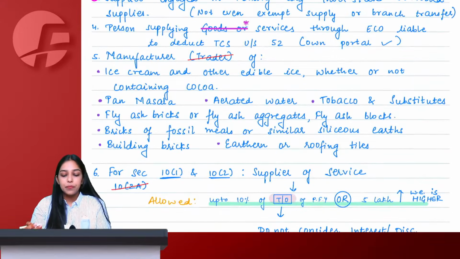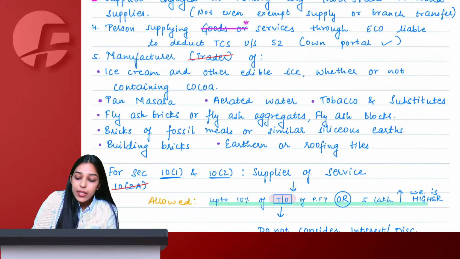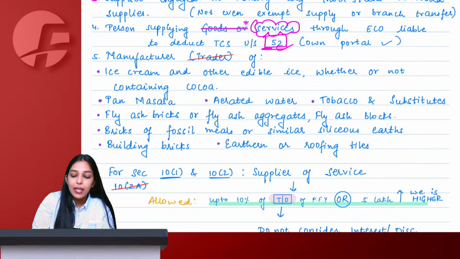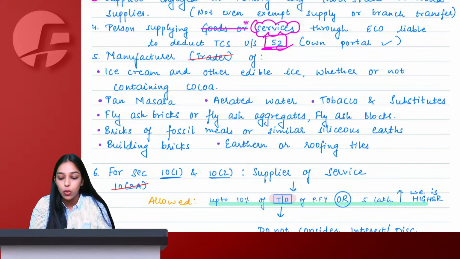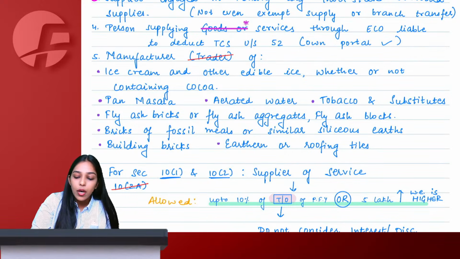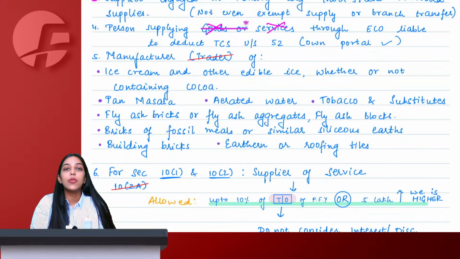Right. After that, if I am a person supplying services through an e-commerce operator who is collecting my TCS under section 52. If you supply any goods or services through an e-commerce operator, then under section 52, TCS provisions apply. Earlier, you were not allowed to supply goods and not allowed to supply services.